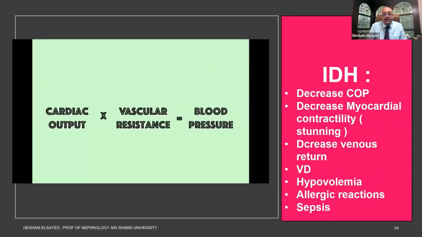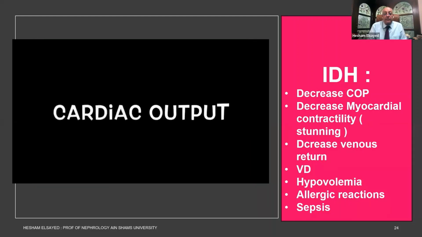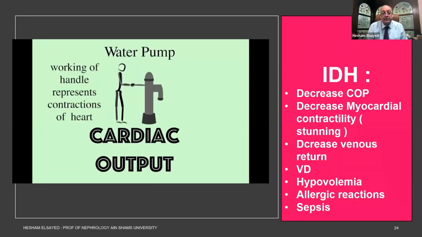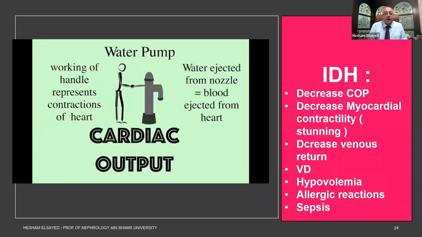Cardiac output is the heart rate multiplied by the stroke volume. The heart is a pump, and it can only pump what is presented to it, exactly like the dialyzer can only remove toxins that are presented to it. However, cardiac output needs venous return, and venous return depends on the venous tone.